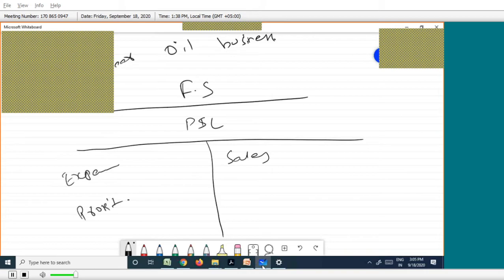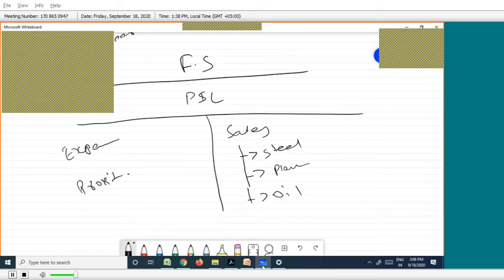Expenses: steel this much, plastic this much, oil this much. Do you think in the P&L account the company should give this business-wise breakup? Steel, this much amount I got.